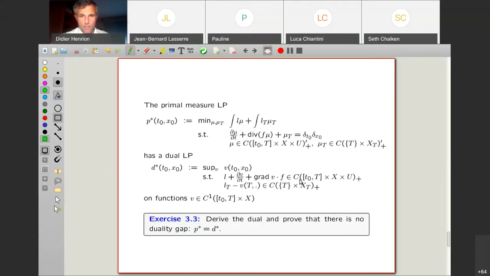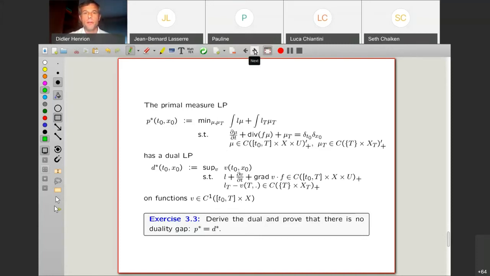And there are positivity constraints on continuous functions. We can prove as well, that's the topic of the exercise, that there is no duality gap between these two infinite dimensional problems, the primal on measures, the dual on continuous functions. And since P star was equal to V star, this also solves the original OCP.